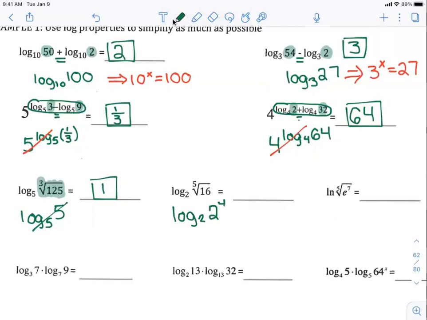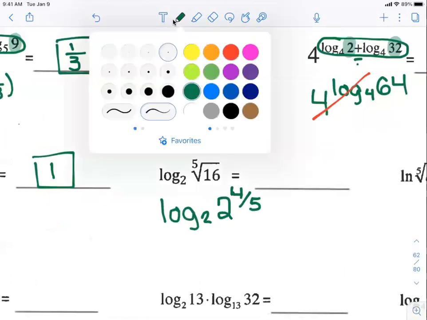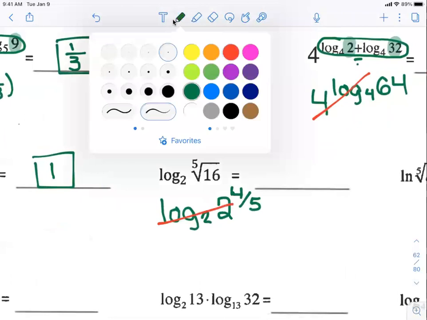And then remember how we did exponents, flower power, it's the power over the root, so the 5th root. So it's going to turn into 4/5. So now we have log base 2 of 2. Using what we did before, the log base 2 of 2 cancels, and your answer is simply 4/5.